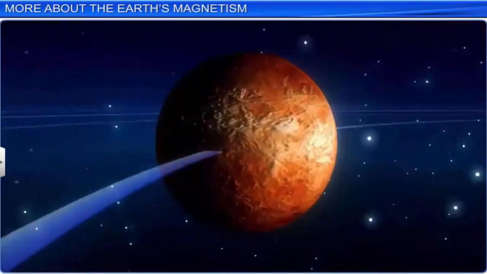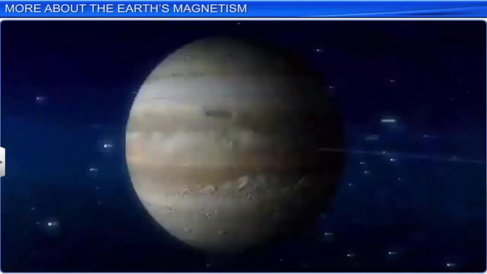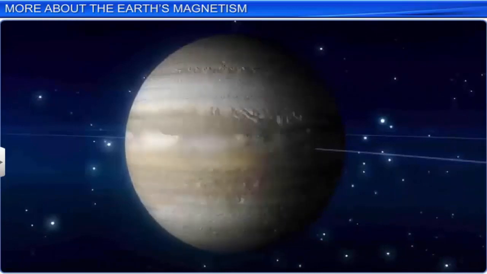Venus has a slower rate of rotation and a weaker magnetic field compared to Jupiter, which has the fastest rate of rotation and a very powerful magnetic field.